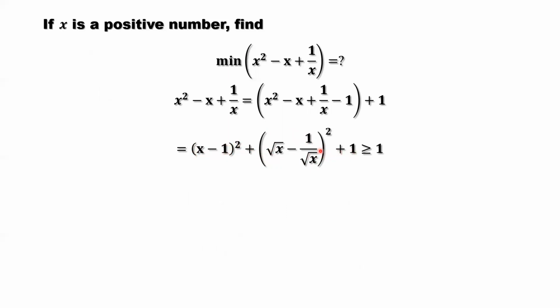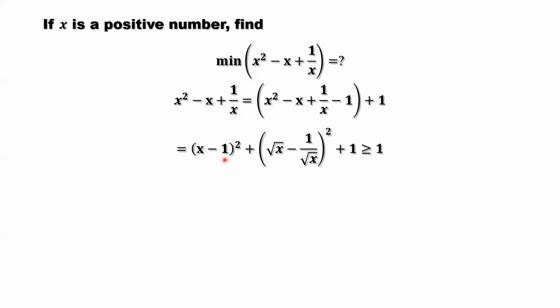So 1 plus 2 non-negative numbers is bigger than or equal to 1. This implies the minimum value of this function is at least 1. If we can show that for some x value it is 1, that means the minimum value of this function is 1.